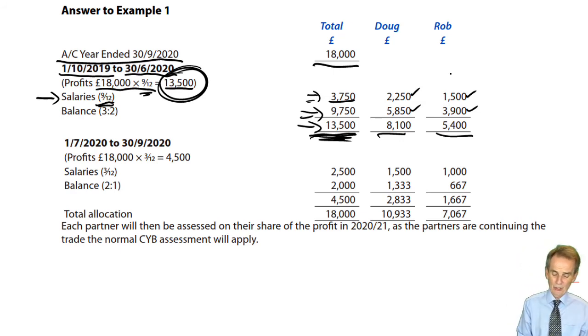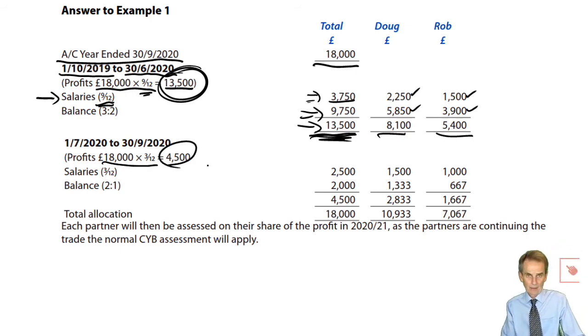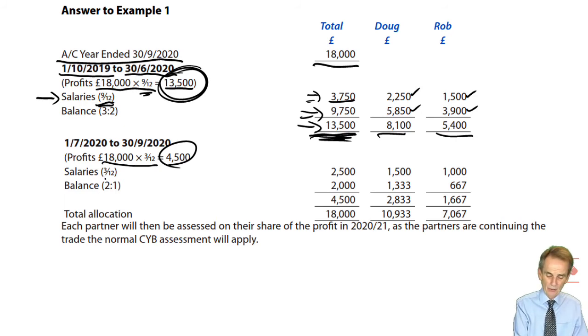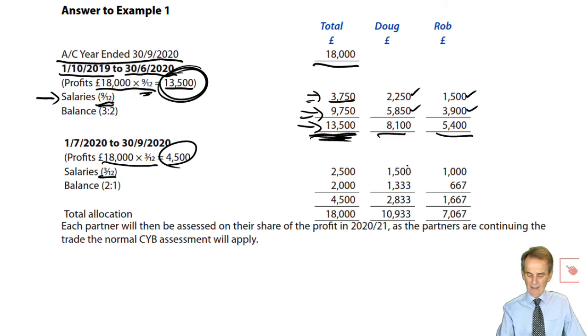What about the last 3 months? Well, 18,000 for 3 months is £4,500. What do we do with it? Well, salaries, 3/12 of those salaries, which were now respectively £6,000 and £4,000, giving us £1,500 and £1,000 individually.